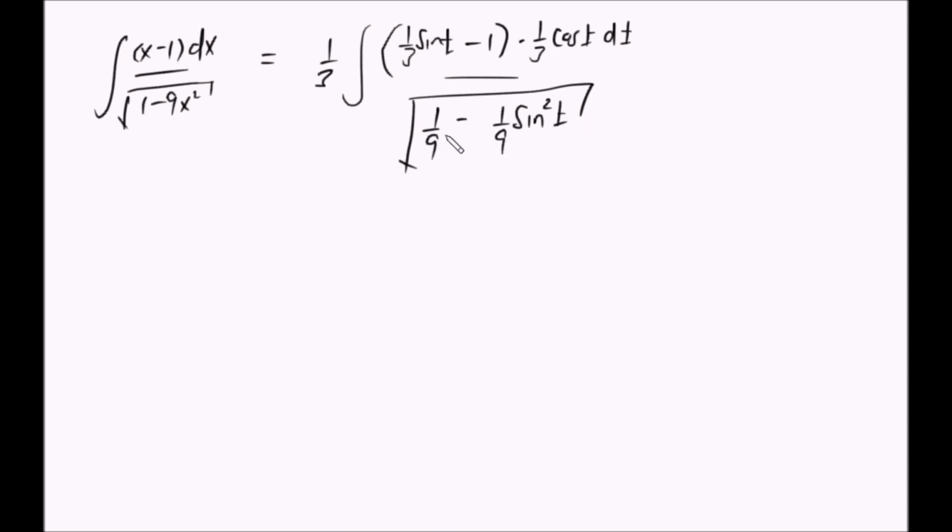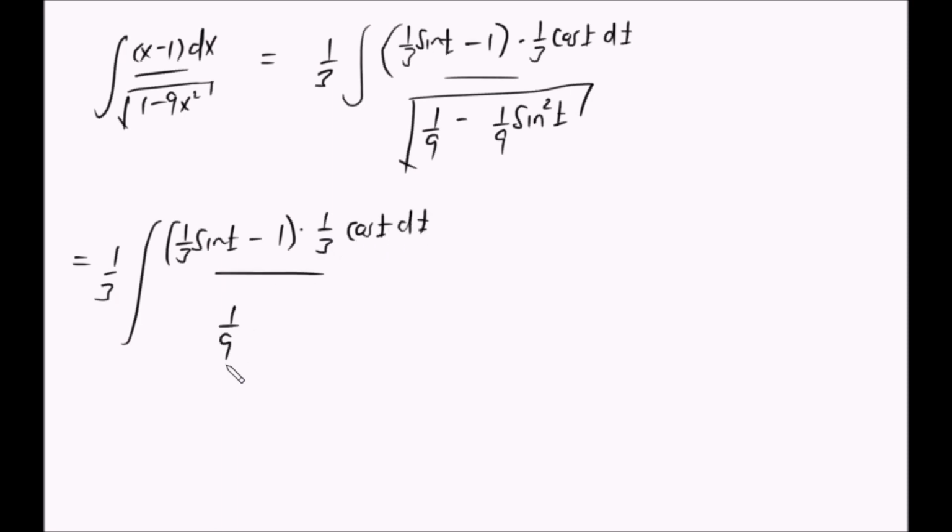So hapa naweza nikatoa 1 over 9 nje. Okay, itakuwa ni sasa na 1 over 3 hiyo ya nje. Then we have 1 over 3 sin t minus 1 times 1 over 3 cos t dt. So huku chini natoa 1 over 9 nje, nabaki na 1 minus sine squared t.